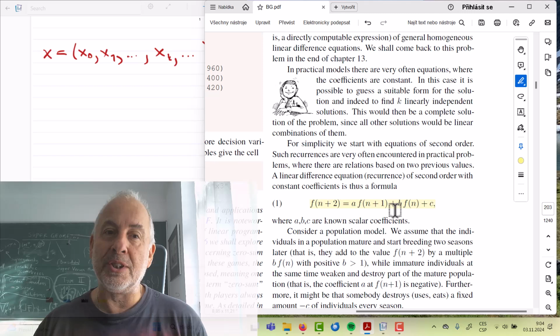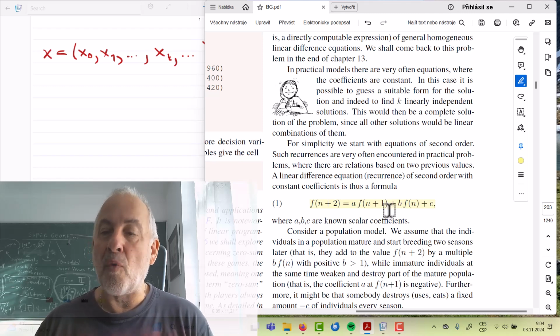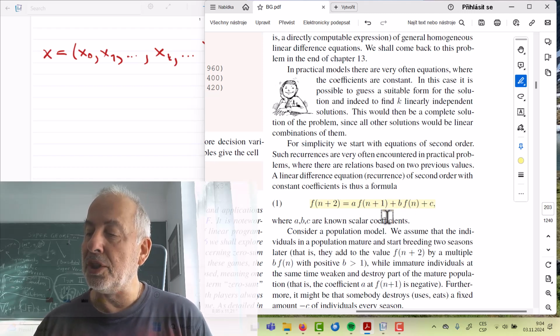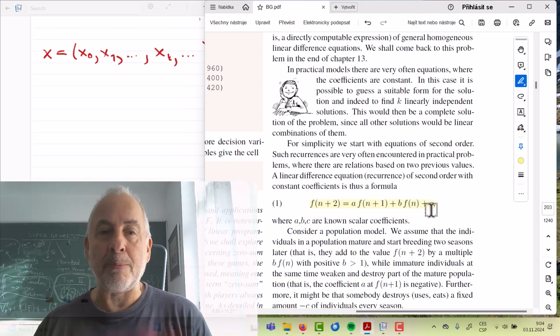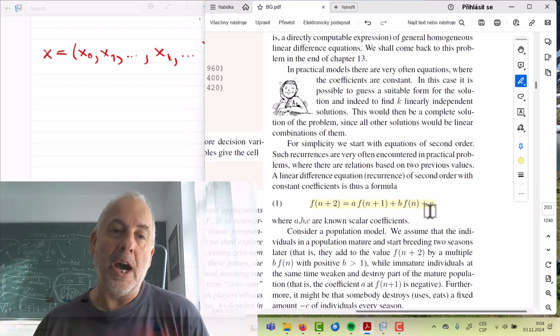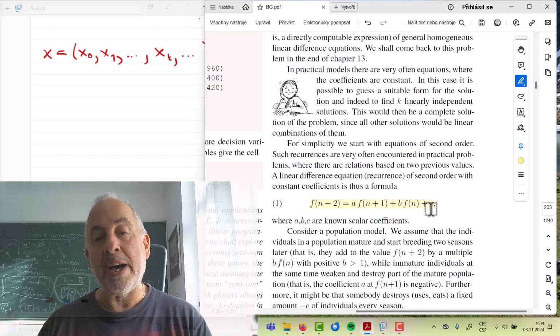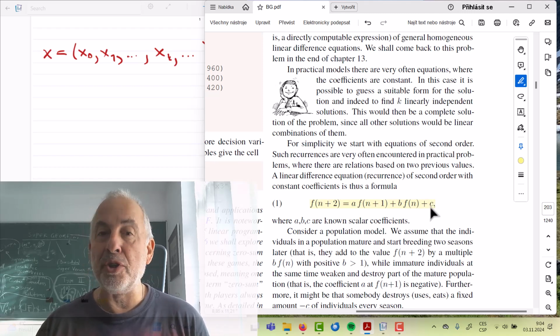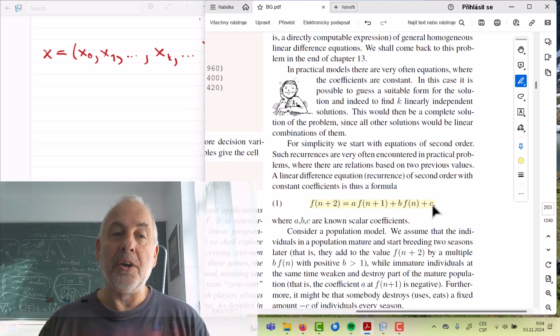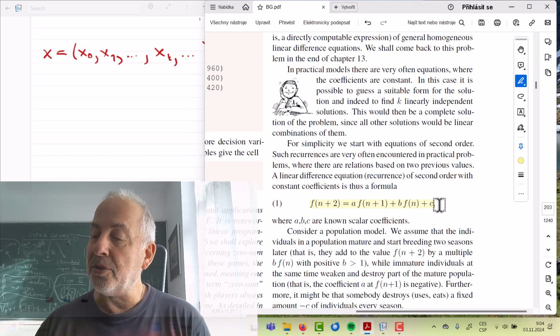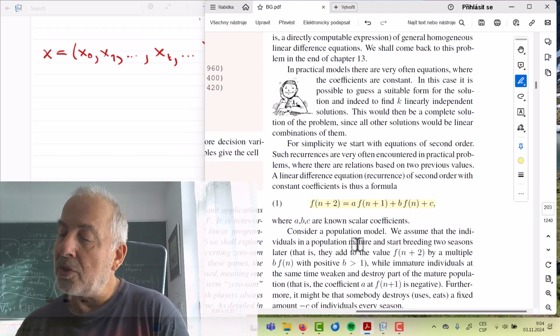Perhaps b will be something bigger than 1, positive. There might be some c which will be perhaps negative if someone is eating or using the population in some way, or it might be positive if you are buying new rabbits, so it will be growing. Every year you just add c rabbits into your group.